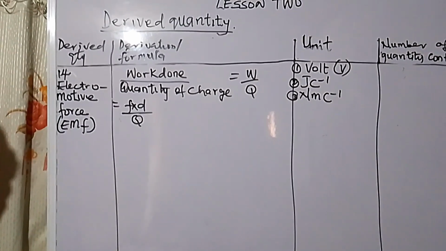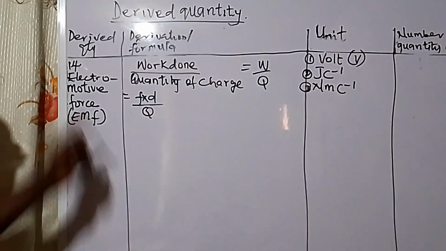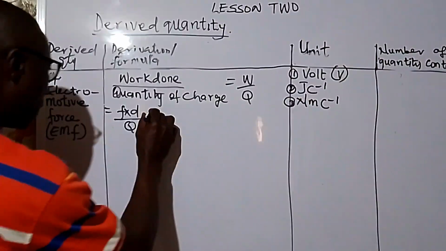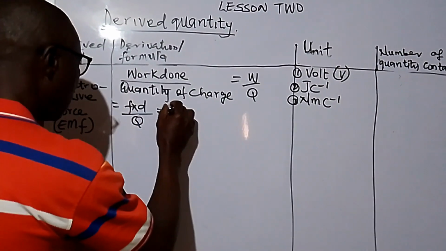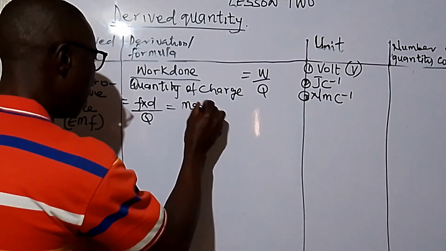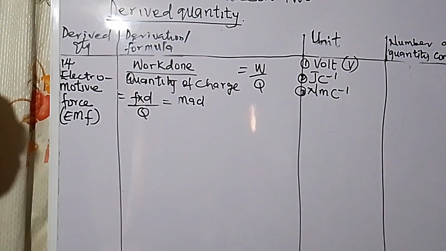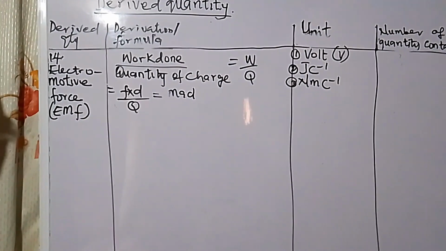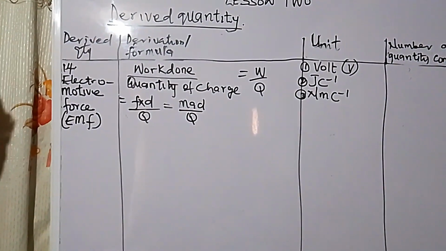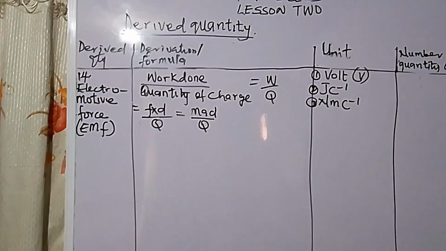Let's express further and have another unit and know the number of quantities that this electromotive force can take. So from there we can now say F multiplied by D, that is MAD. Then if you say over Q again, then we have another unit.